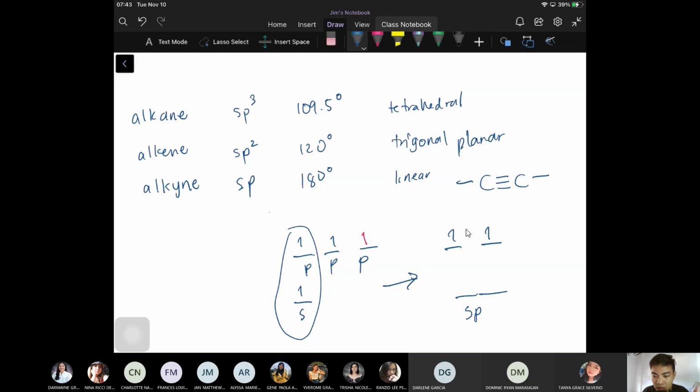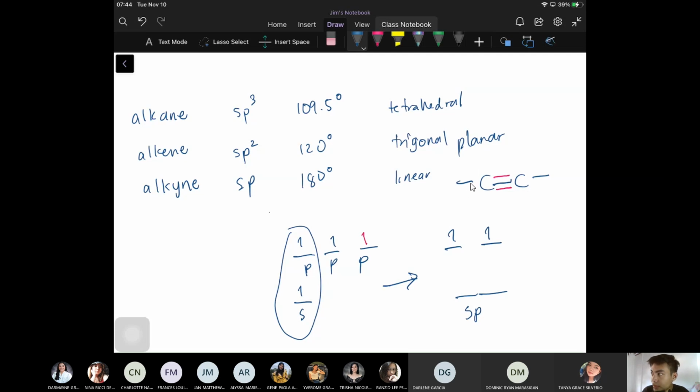So, the unused p orbital electrons are used to create the triple bond. So, yung isa dyan ay sp orbital electron, yung isa sp orbital electron din. Then to form the triple bond, we have to use the 2p electrons. Yung isa nasa taas, yung isa nasa baba. So ganun yung purpose niya.